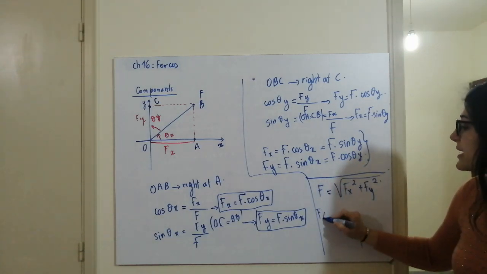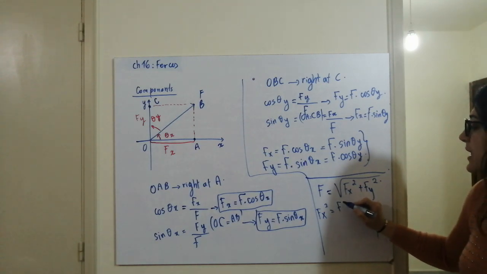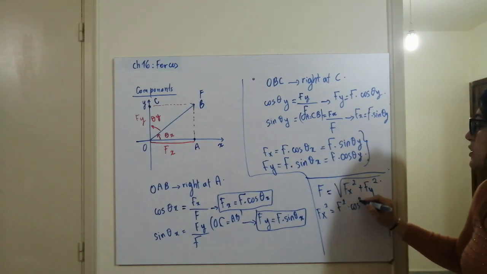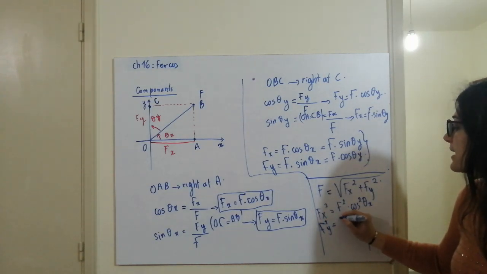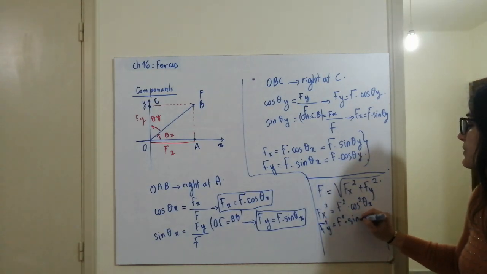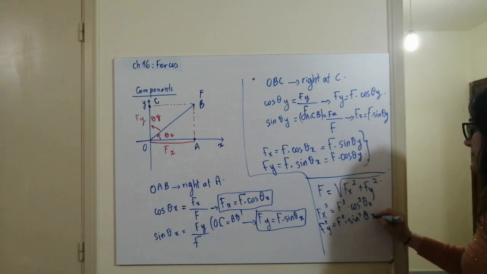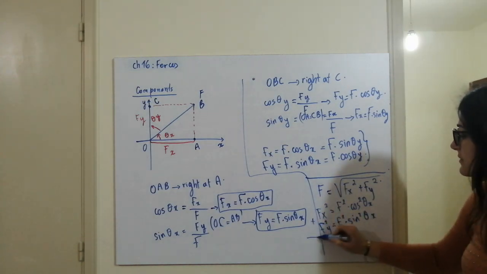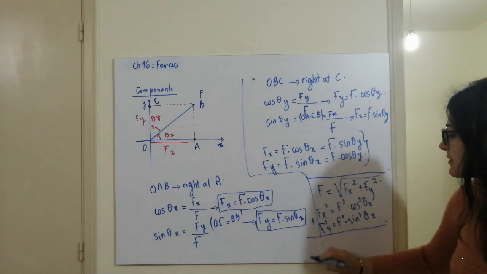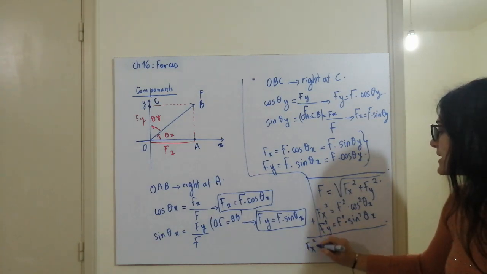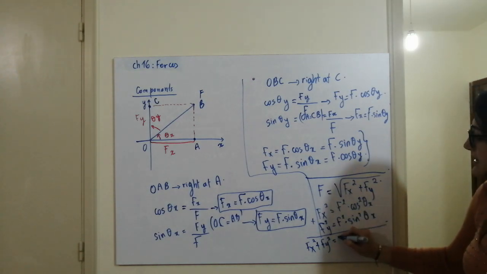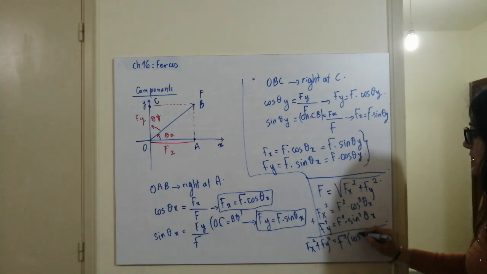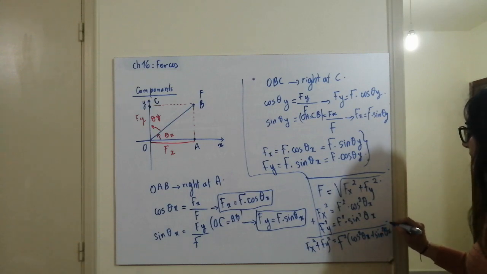If you square Fx, you get F squared times cosine squared theta x. If you square Fy, you get F squared sine squared theta x. If we add them together, you'll get Fx squared plus Fy squared equals, you can put F squared as a factor, F squared times cosine squared theta x plus sine squared theta x.